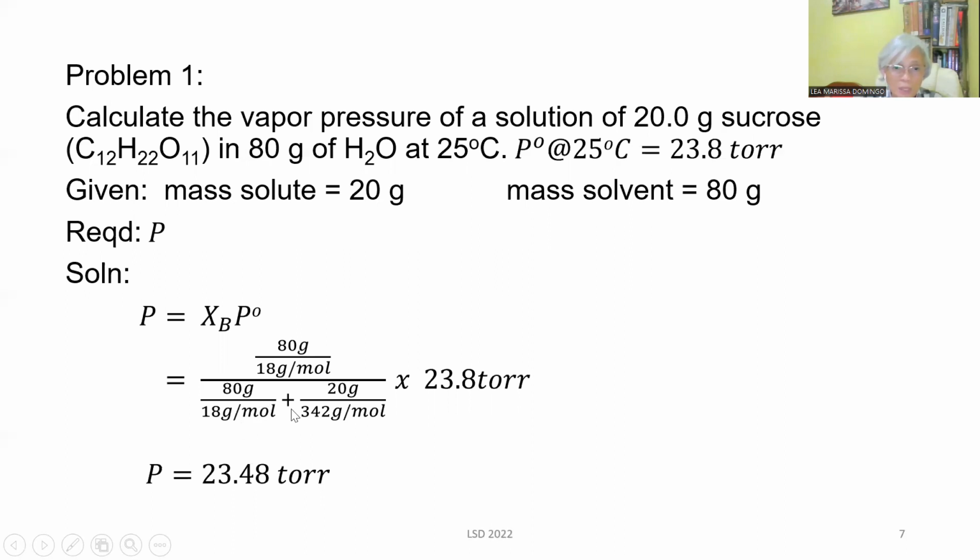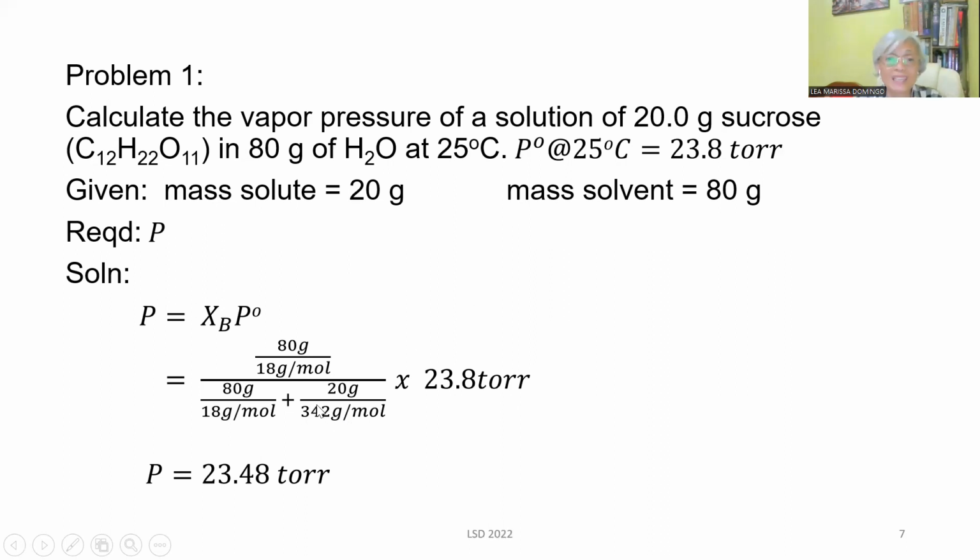Ganun din sa denominator. Pero idagdag natin yung mole fraction ng solute. Ang solute natin 20 grams, which is sucrose, C12H22O11. Carbon is 12, hydrogen is 1, oxygen is 16. So the molecular weight of sucrose is 342 gram per mole.